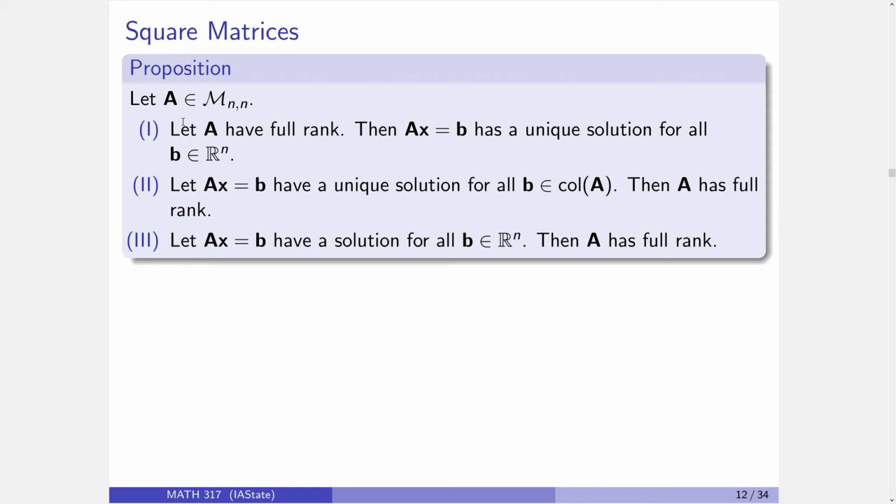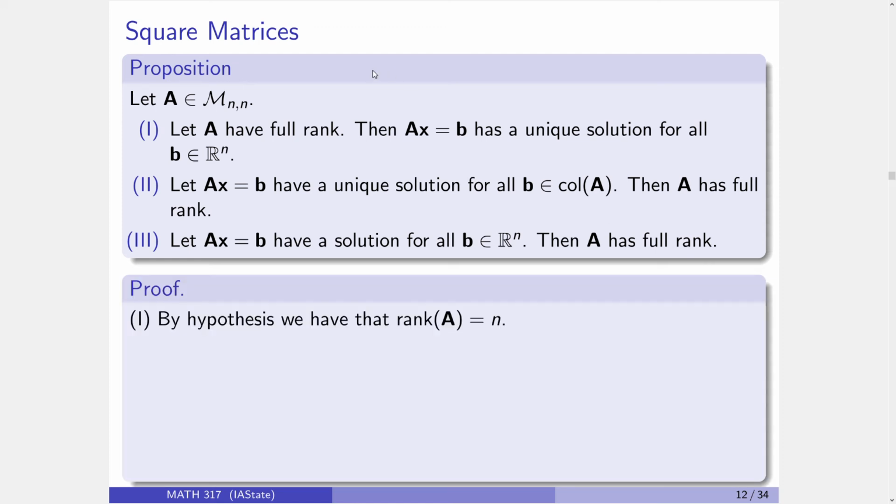So point 2 is just for free, right? If you know you have a unique solution, that means your rank is full. So that's just rewriting something we already know. Point 3 is the more surprising fact, because again, this is something that does not work for rectangular matrices.